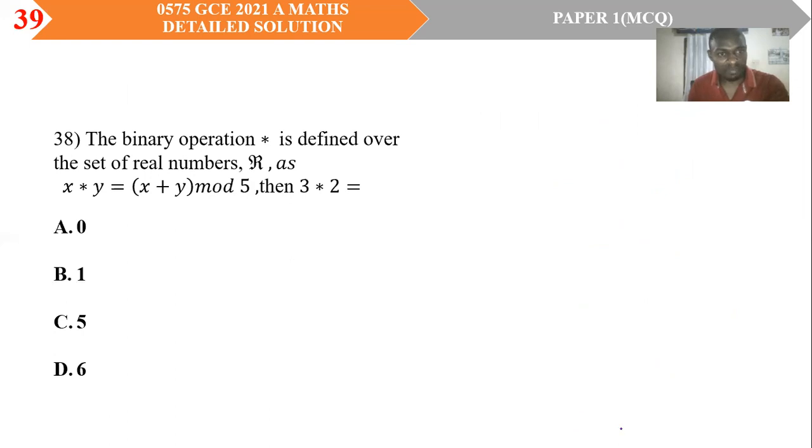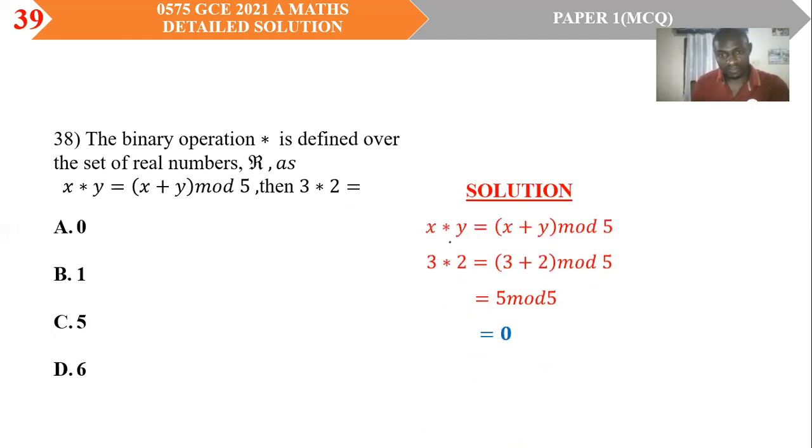Question 38. The binary operation star is defined over the set of real numbers R as x star y is equal to x plus y modulo 5. Then 3 star 2 is equal to what? This modulo 5 means the answer when x plus y is divided by 5 is just the remainder.